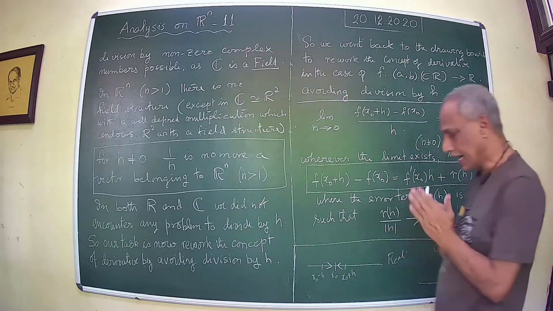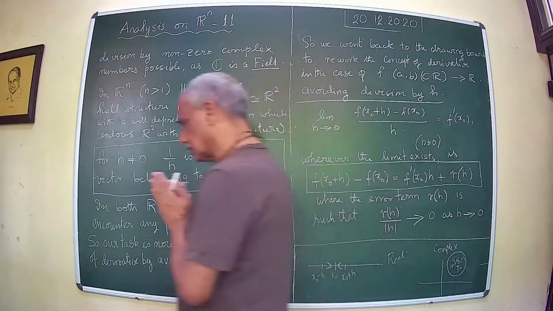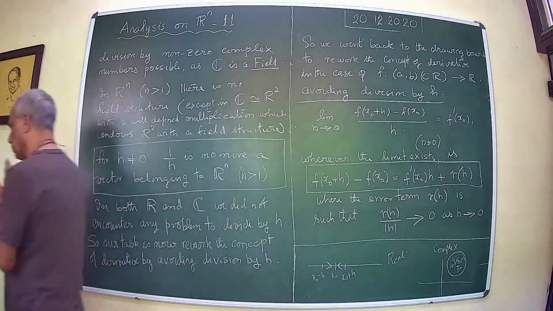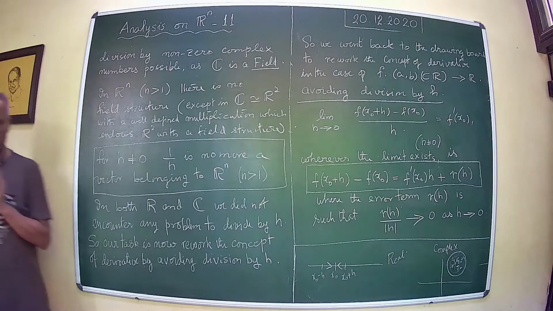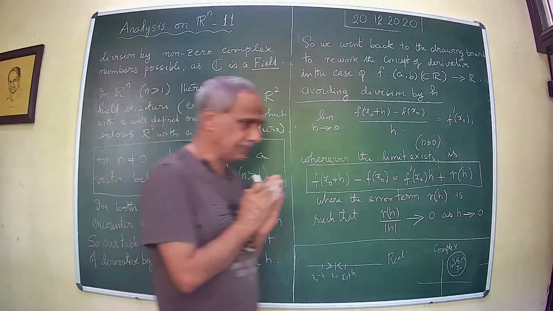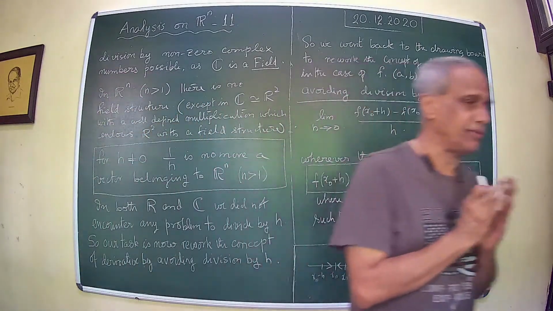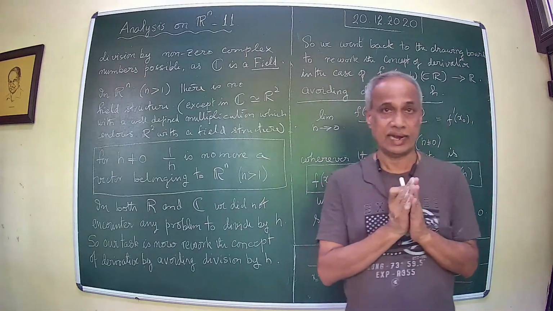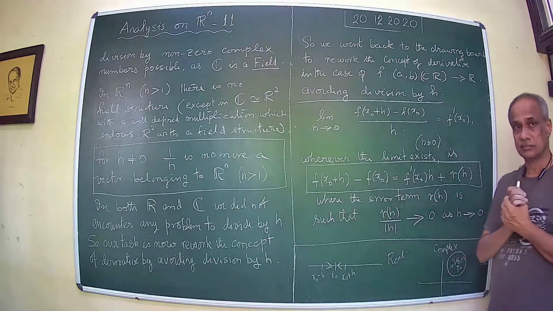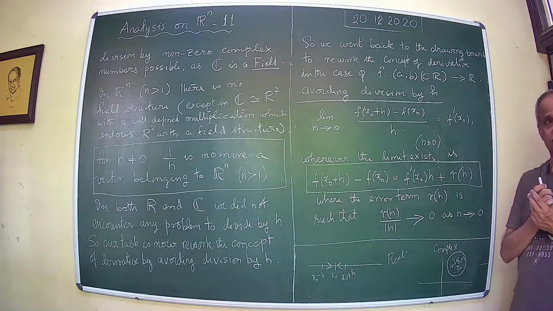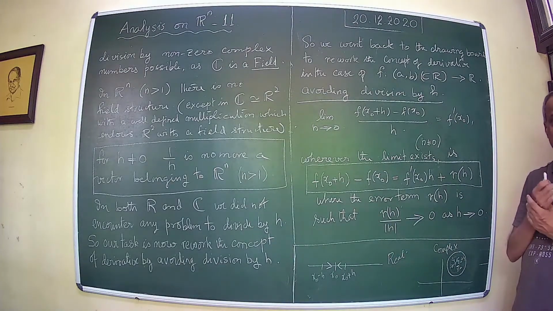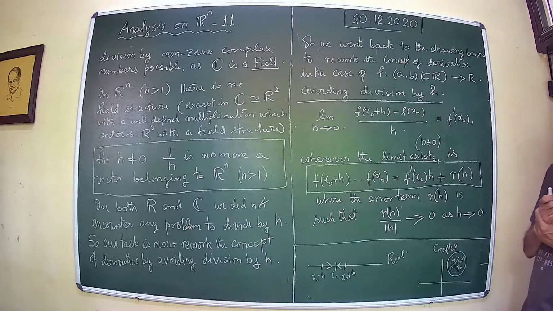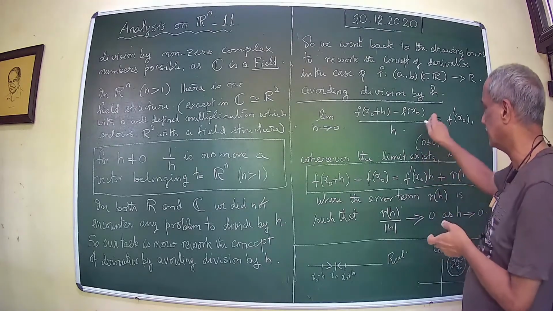Then we found that if you were to talk about functions defined on, say, Rn, where n is greater than 1, then you are in trouble because this ratio does not make any sense.